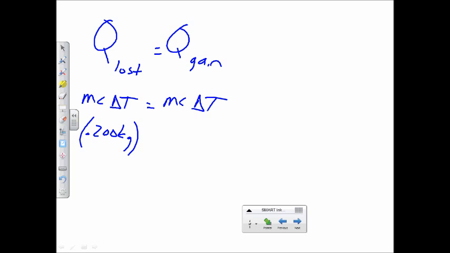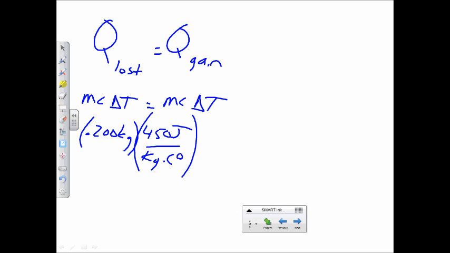It tells us the specific heat of iron is 450. And temperature difference we don't know. But we know that this iron is cooling off, right? So how might we write the temperature difference?